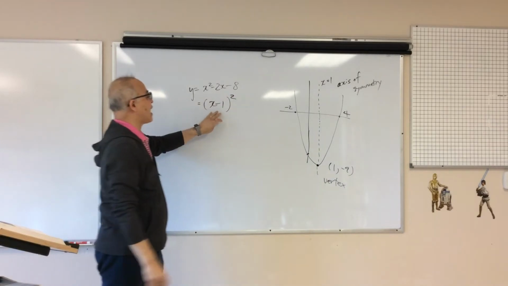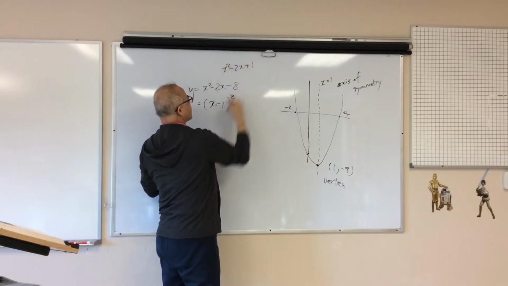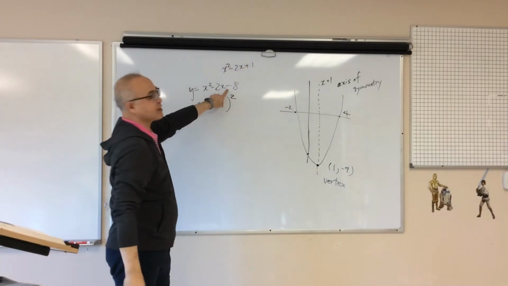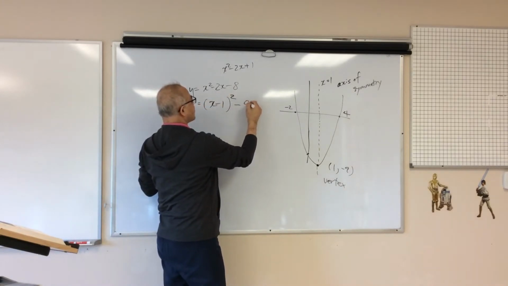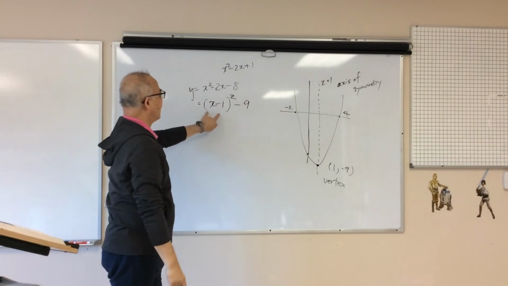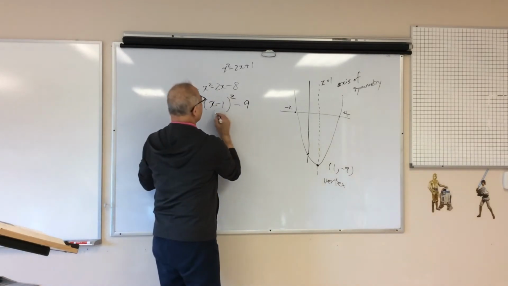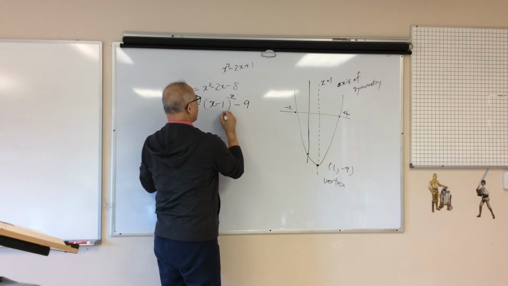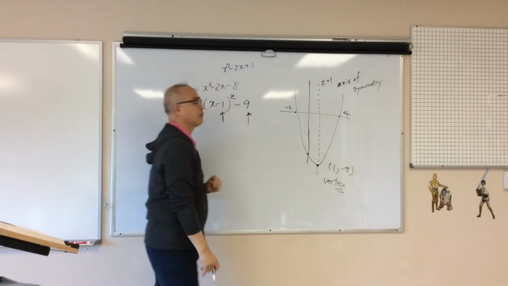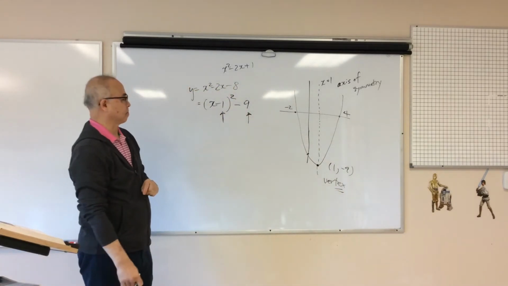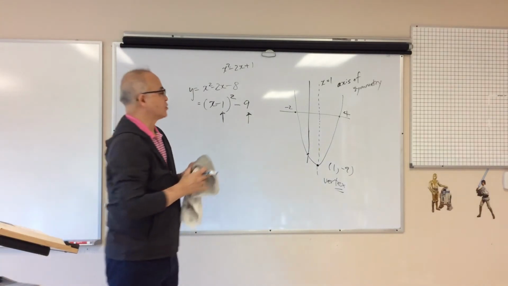If I do this out, I'm going to get x squared minus 2x plus 1. But what I actually have is minus 8 here. So I'm going to go minus 9, and that makes it the same. And this is where the 1 and the minus 9 come from for the vertex. So that's how we complete the square and find the parabola. We all know how to do this.